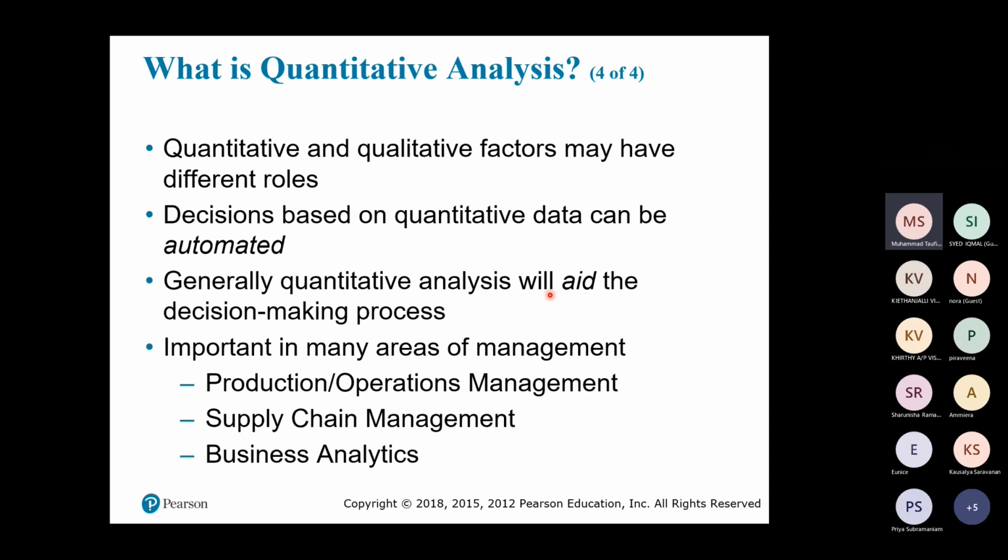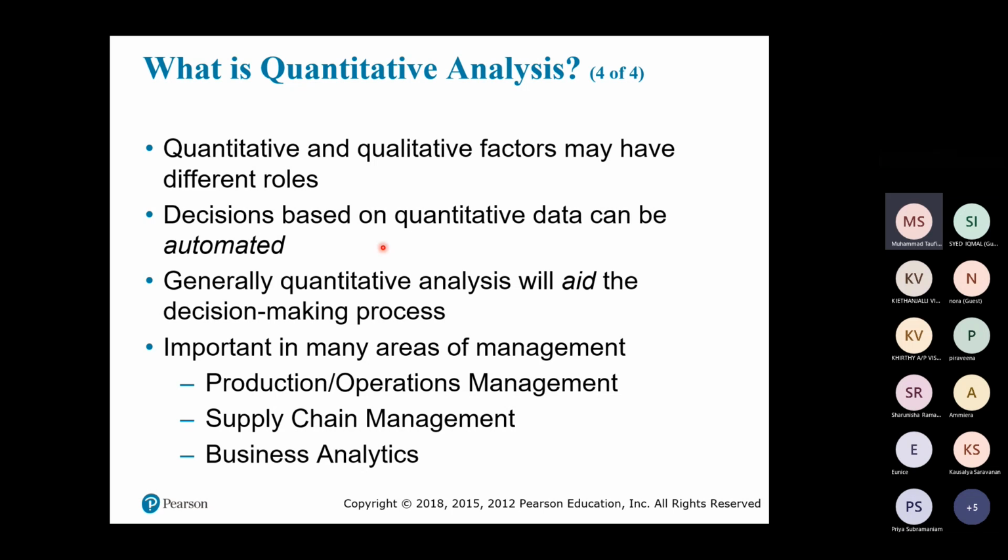So you will use quantitative data in certain situations, and you will use qualitative data in certain situations. Decisions based on quantitative data can be automated. When you want to make your decision based on quantitative data, you can automate the process. Why?